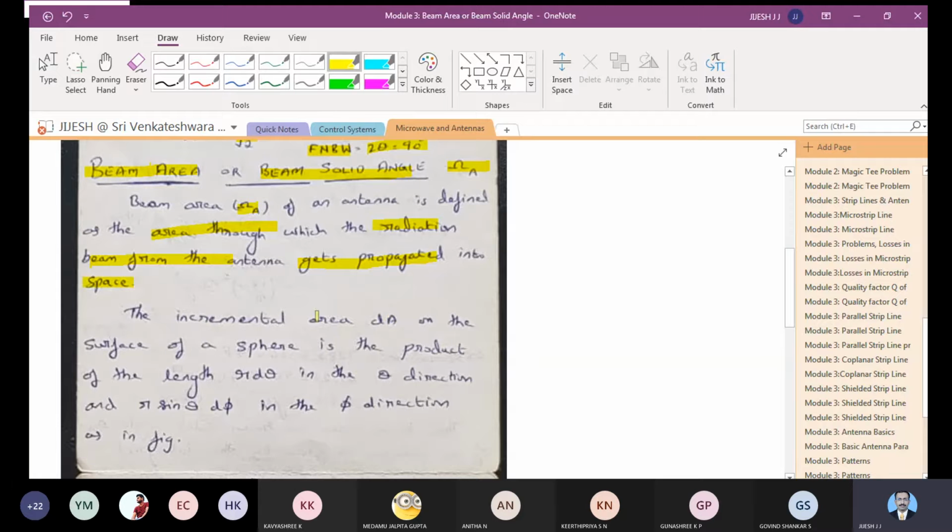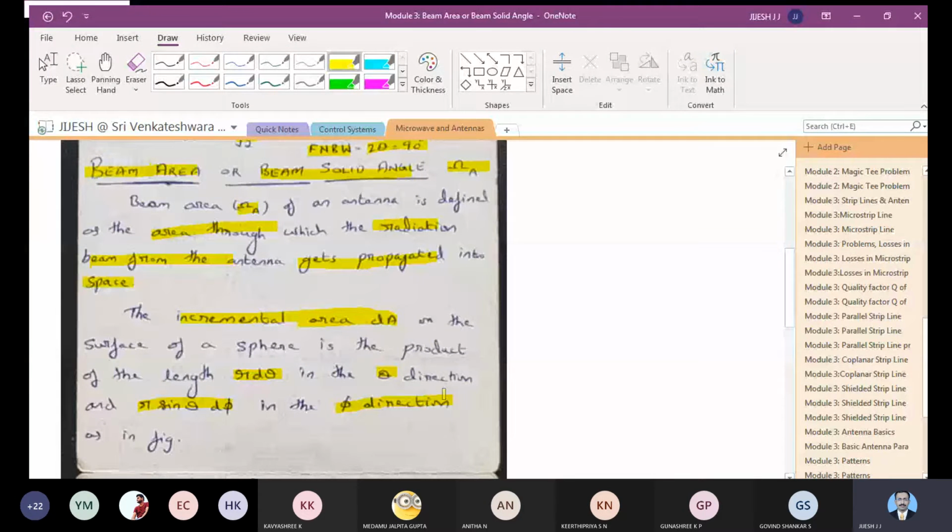On the surface of the sphere, it is the product of the length r d theta in the theta direction and r sin theta d phi in the phi direction. So the beam area omega A of an antenna is defined as the area through which the radiation beam gets propagated into free space.